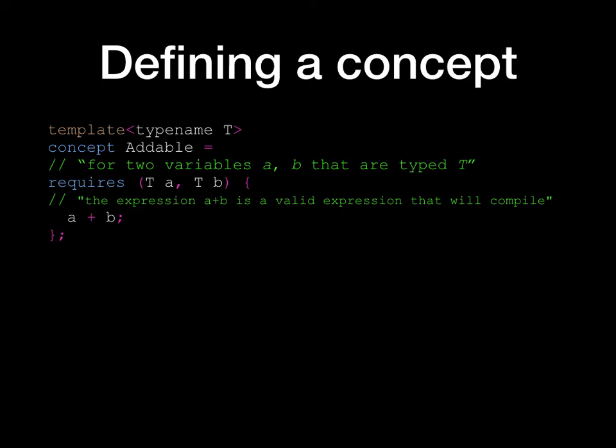So a and b here are not actually values or variables in our programs, they're just placeholders that have T as their type, pretty much the same as if you had declval<T>() + declval<T>().